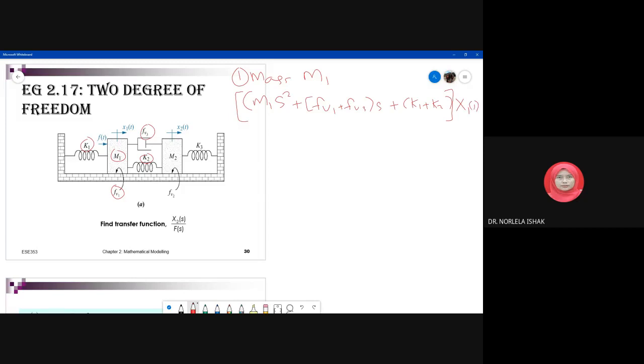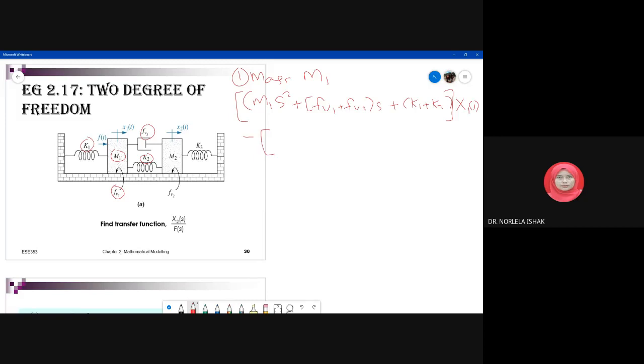Okay, and minus, we minus with the impedance related to what? Related to X1 and X2. Okay, meaning we minus with the impedance between X1 and X2. So jadi apa?